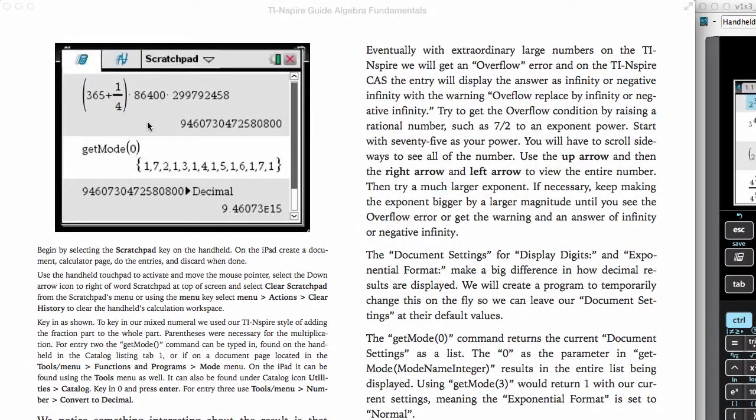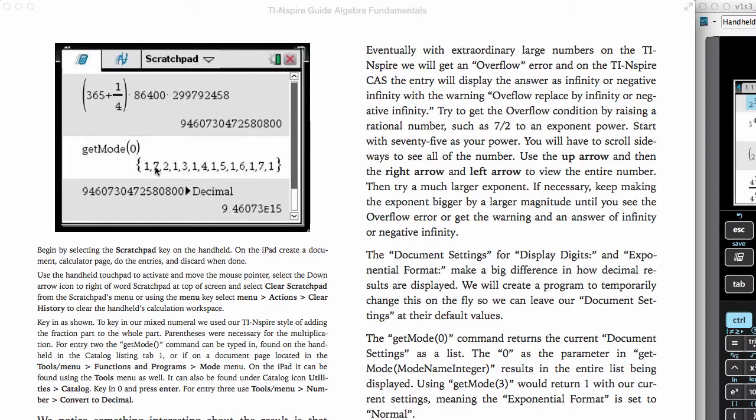Another thing that happens when we start working problems out is that if we put things in as fractions instead of decimals, we get almost infinite types of digits for our answer. The calculator has various modes that it uses to keep track of things.